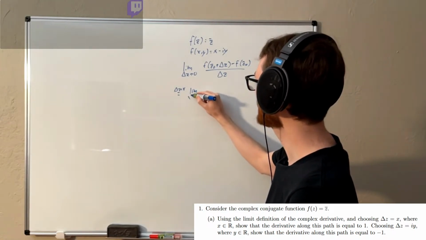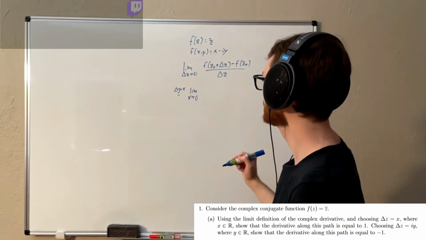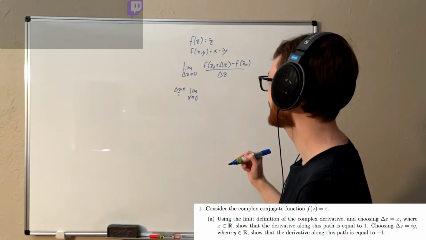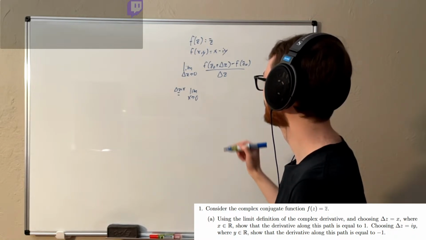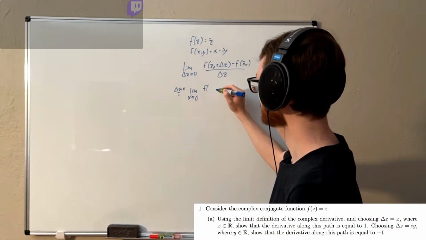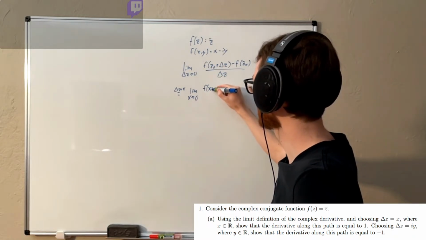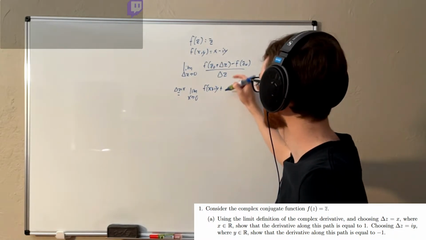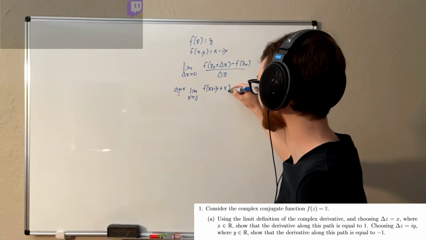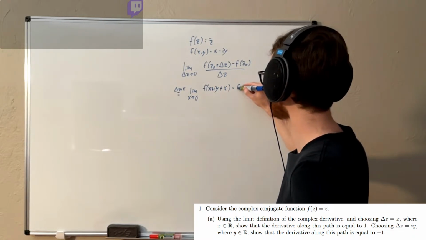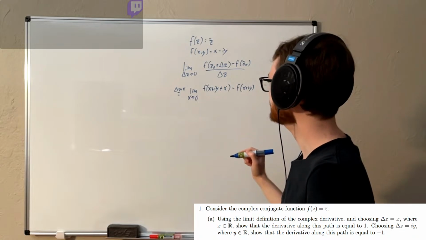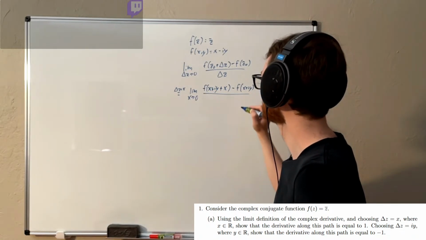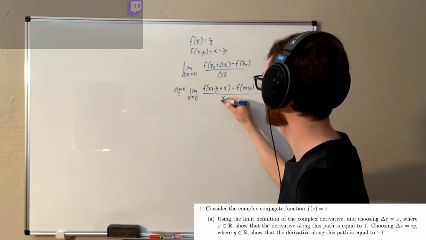I see that we're approaching along the x direction, along the positive real axis. If z naught is x plus iy, then delta z, we're saying, is x. Is that what we do?